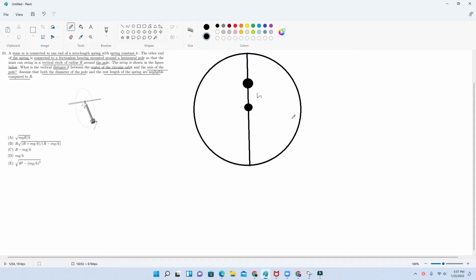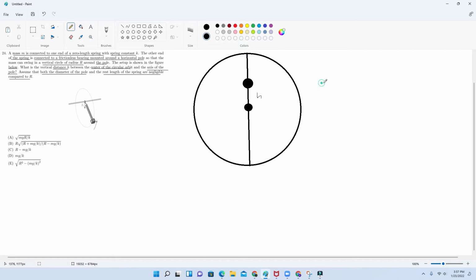Now, from here, it would probably be useful to label even more quantities. Since we know that this spring is zero length, that means that the distance from where the axle is to the spring will directly influence the force.